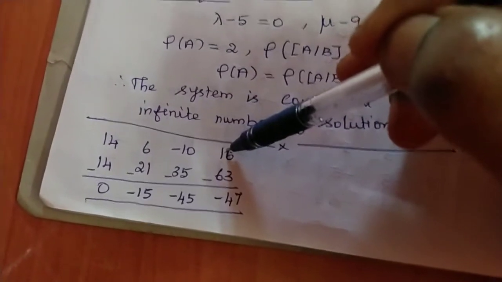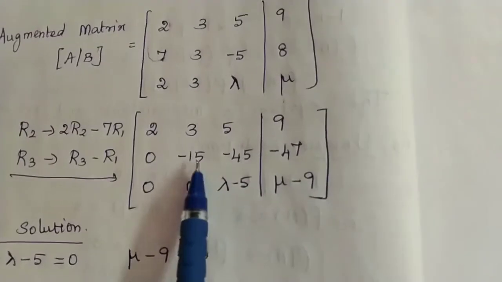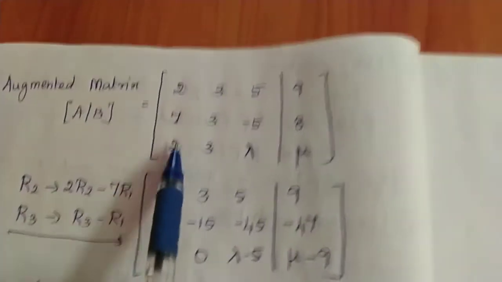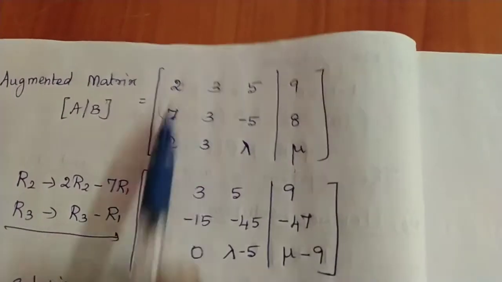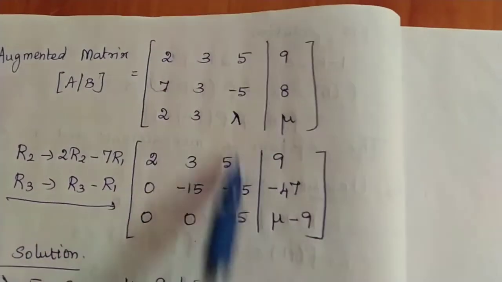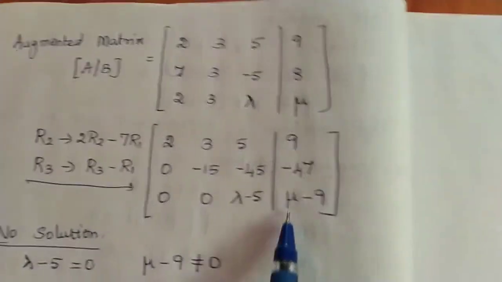R2 multiplied by 2, and next, R1 multiplied by 7. Subtract, we get 0, minus 15, minus 45, minus 47. Here directly subtract. Okay, R3 minus R1: 2 minus 2 is 0, 3 minus 3 is 0. So lambda minus 5, mu minus 7, mu minus 9.